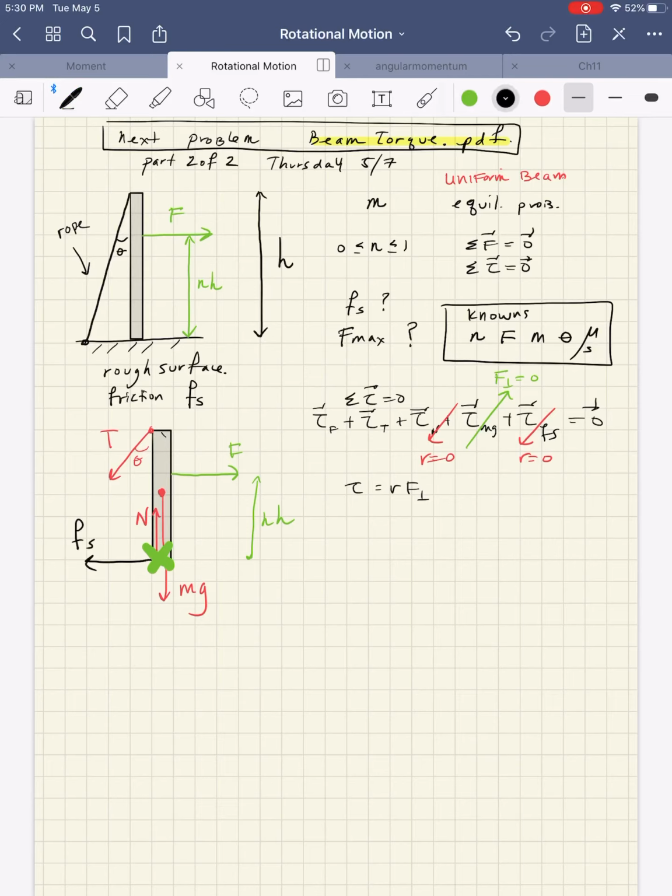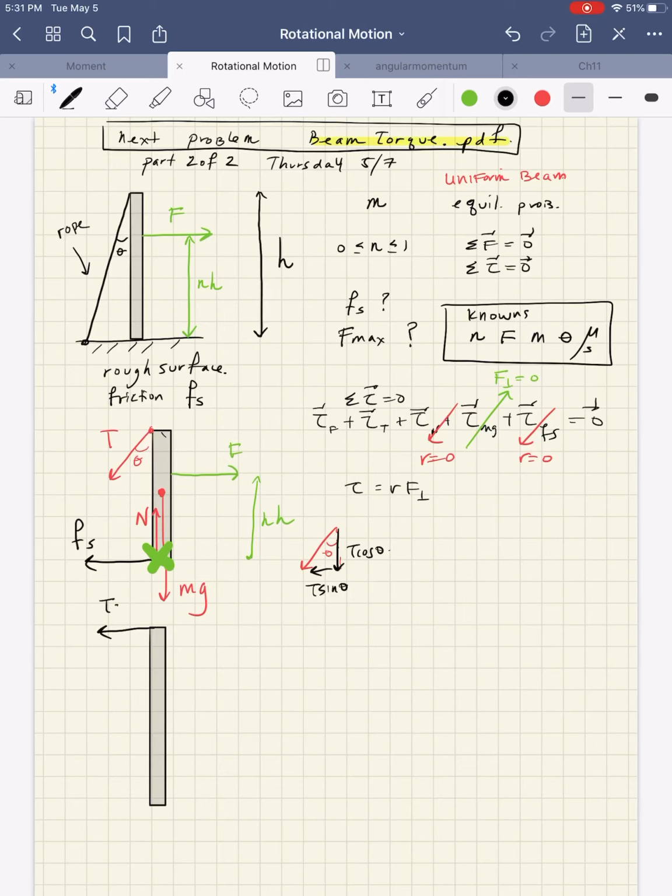So looking at tension, let me go ahead and work on that. Here's theta. This will be T sine theta and T cos theta. And it's going to serve me well to rewrite this free body diagram with the parallel and perpendicular components.